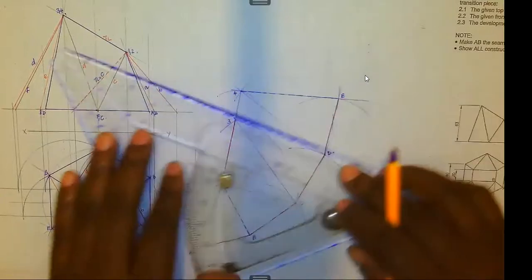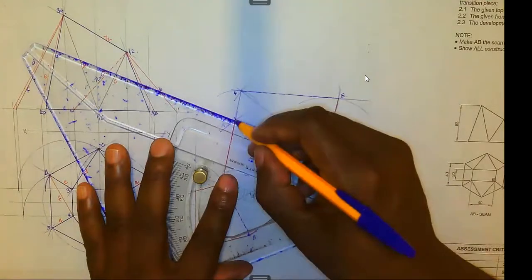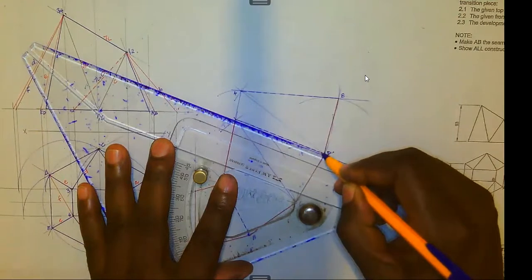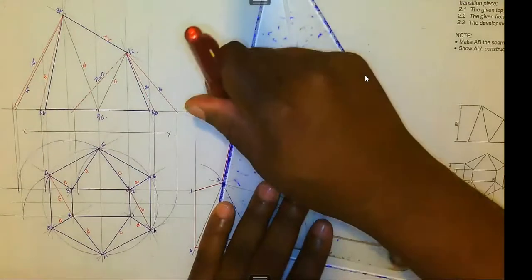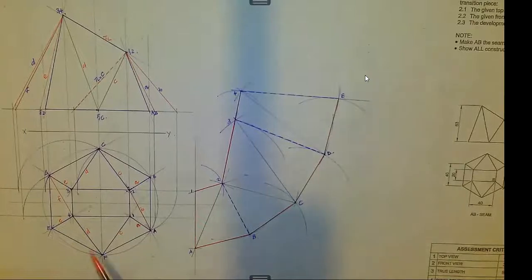But the same applies with 3 to D. Then connect to this one. There you go. So we are now here. Now the next one that we want to find is point F. Point F is a combination of 4 to F as well as E to F.